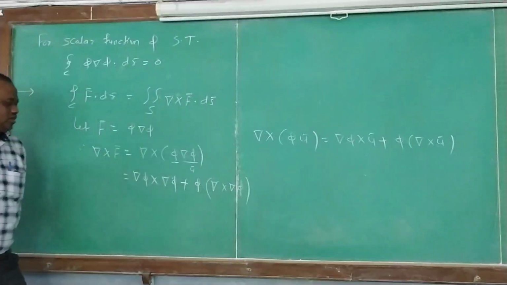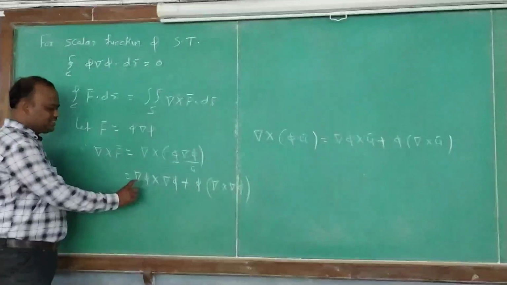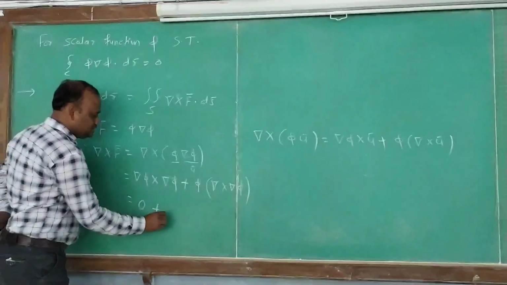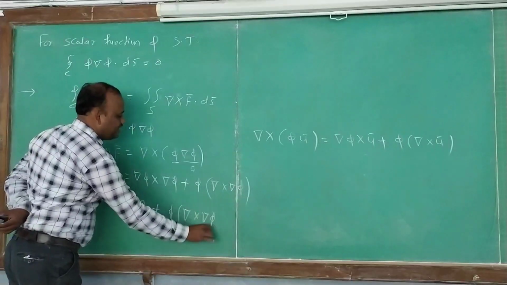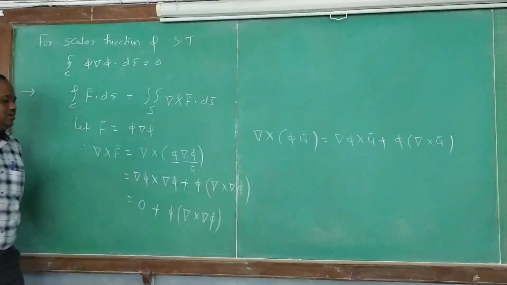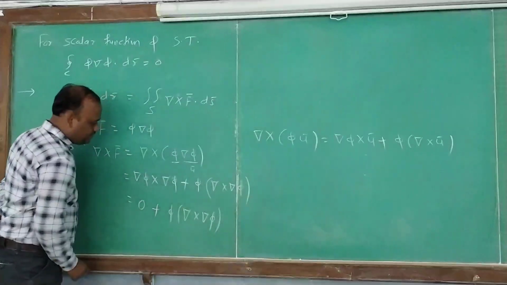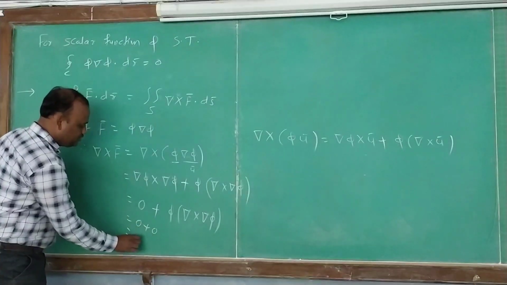And we know that the cross product of a vector with itself, a bar cross a bar, is 0, so del phi cross del phi is 0, plus phi into del cross del phi. Del cross del phi means curl of gradient of phi, and the value of curl of gradient of phi is also 0, so this is 0 plus 0 equal to 0.